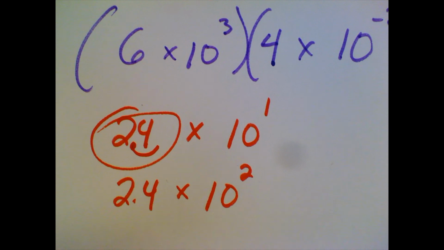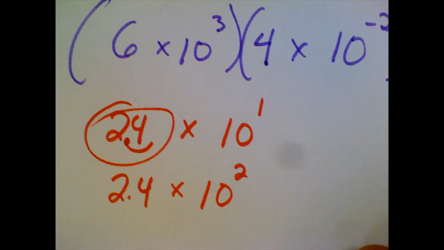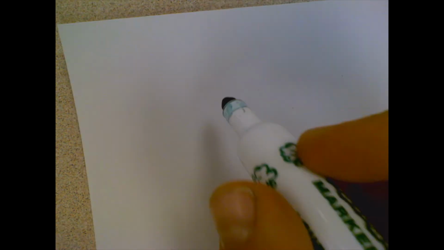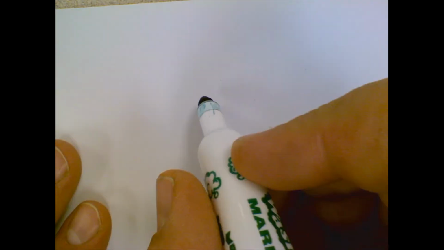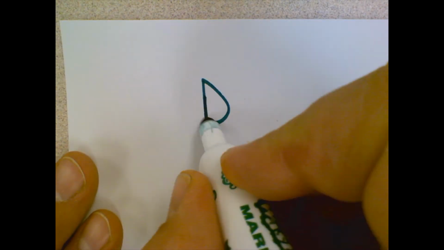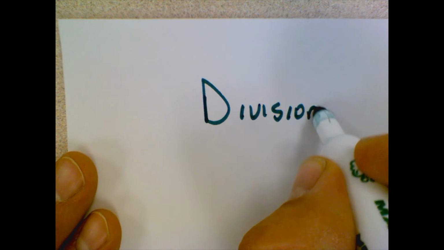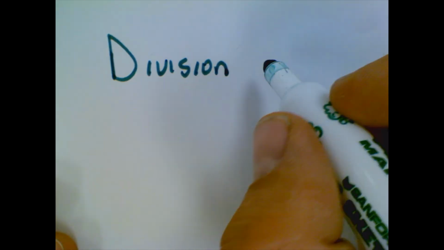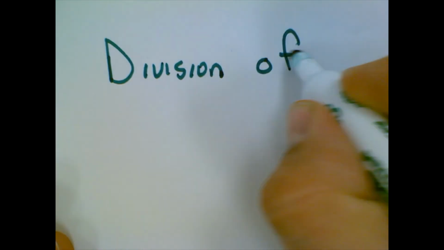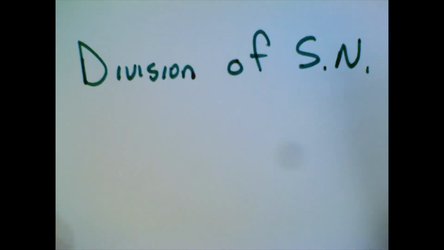Alright, what if we have a situation, and let me do a division problem, and then you'll see what I'm talking about. So let's look at division of scientific notation.